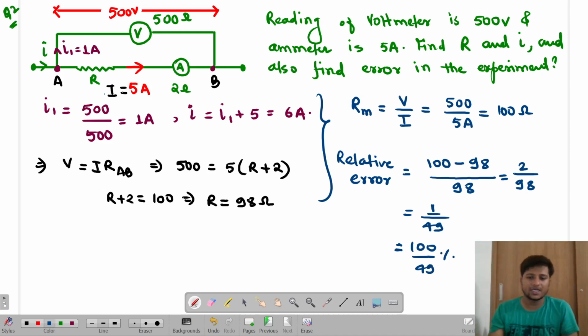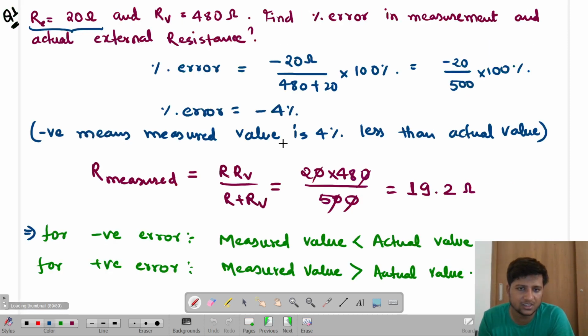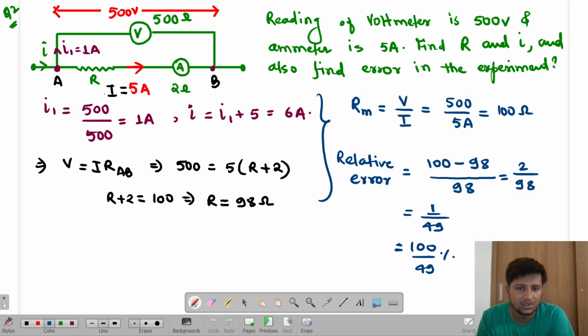Got it? So you see that this is almost 2% error. These errors are not that big. That's why we do not include the consideration of the ammeter. But in the voltmeter, the error starts to increase. So that's why we need to consider the resistance of the voltmeter.